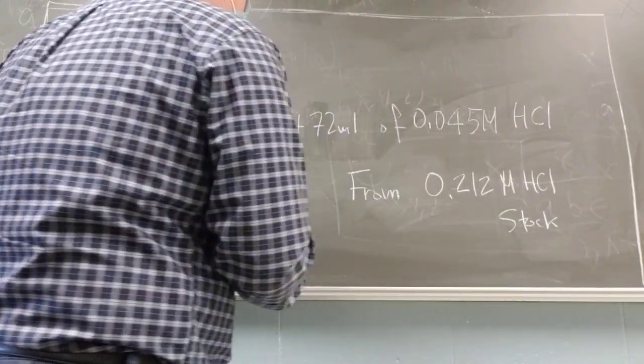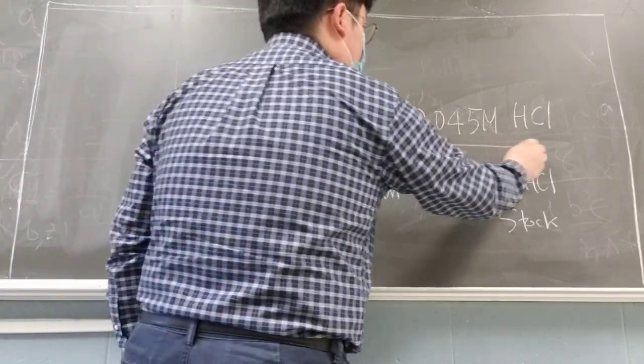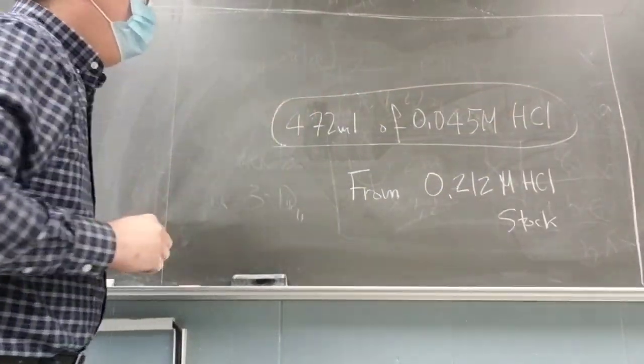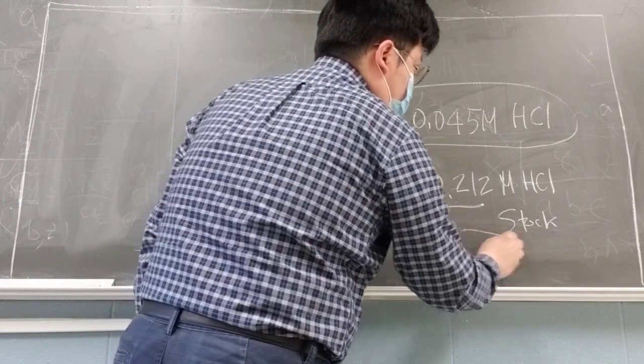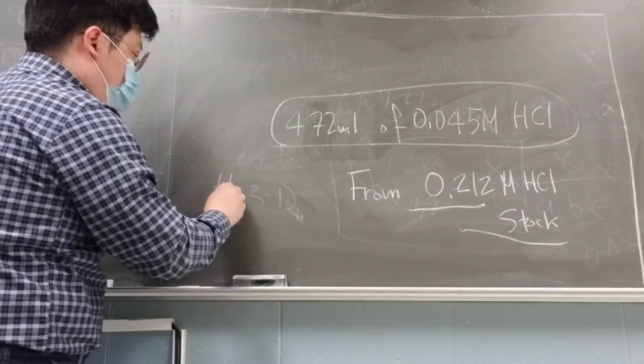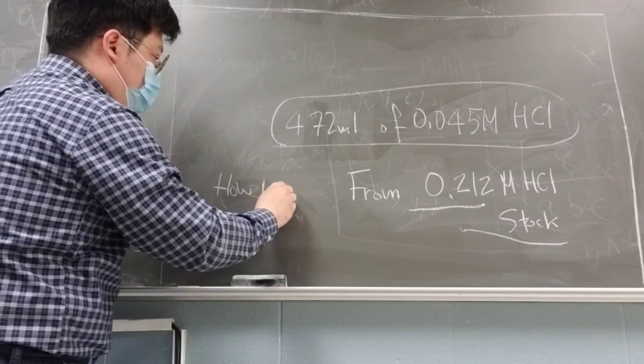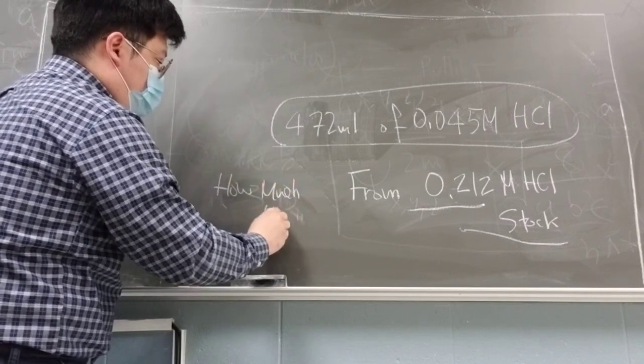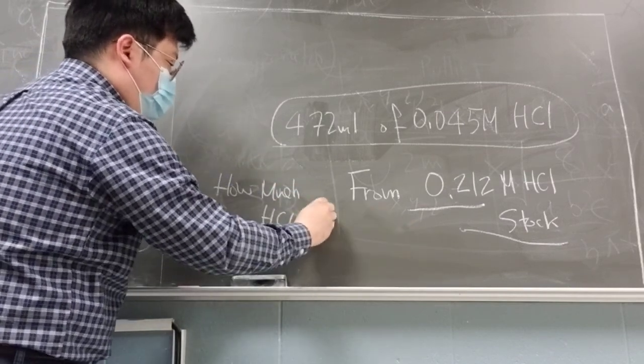And the question is, if you want to make this much of this concentrated HCl solution from stock solution, which is a bit more highly concentrated, how much of that will be needed? From the stock solution.